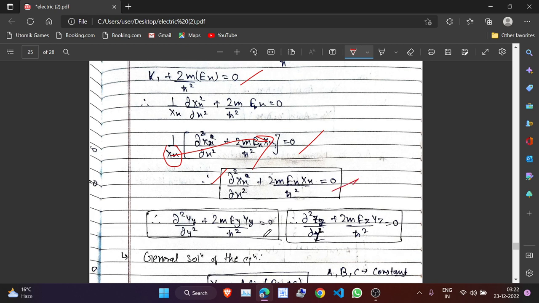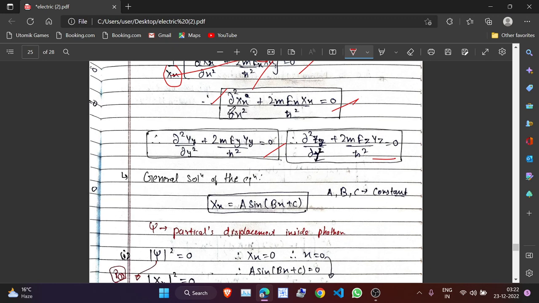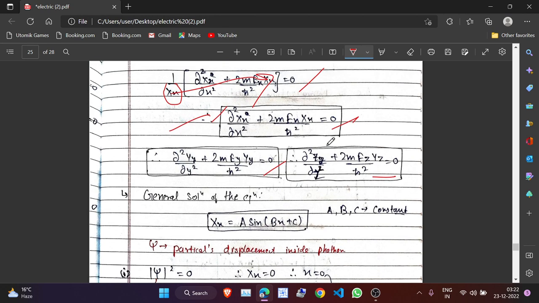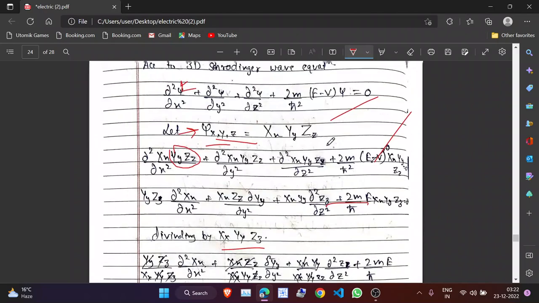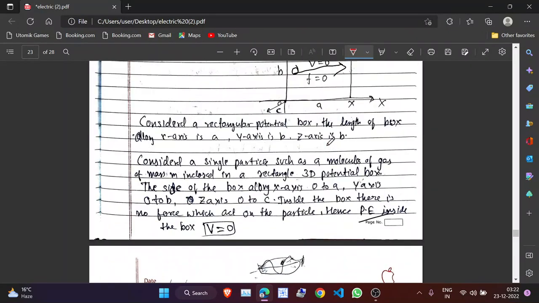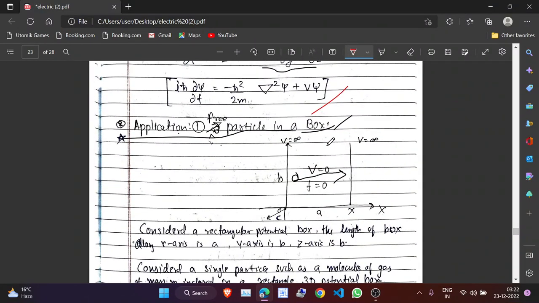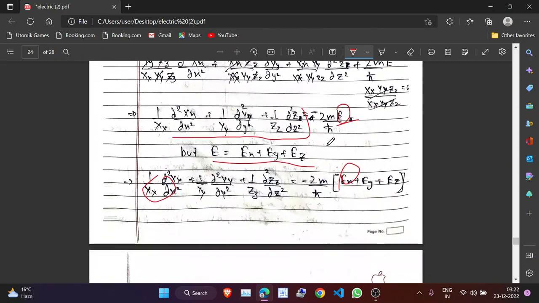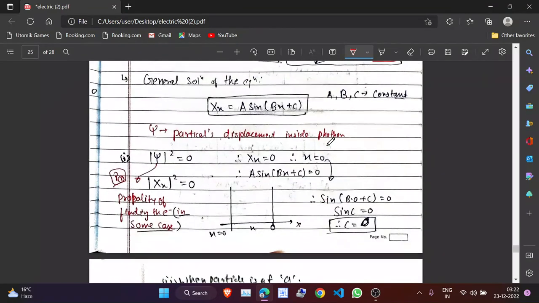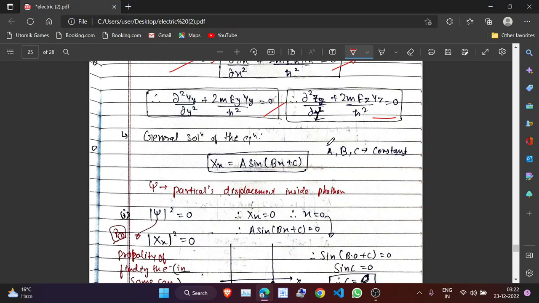This is for x, this is for y, and this is for z. So after this much calculation, we got the value for the x-axis, y-axis, and z-axis. What is the wave function of the particle in the x direction, y direction, and z direction?